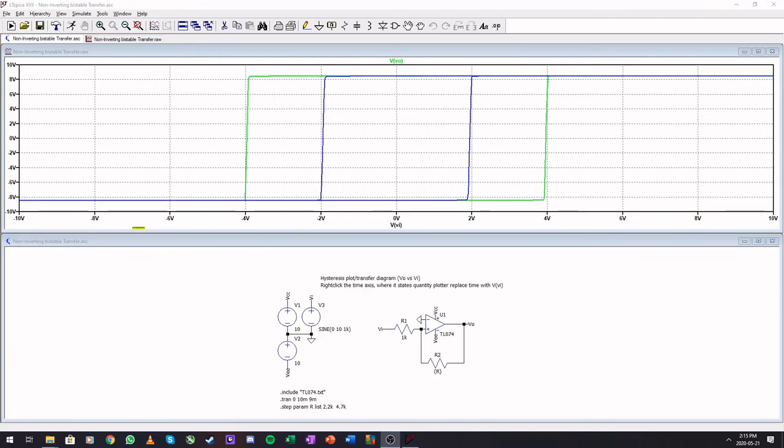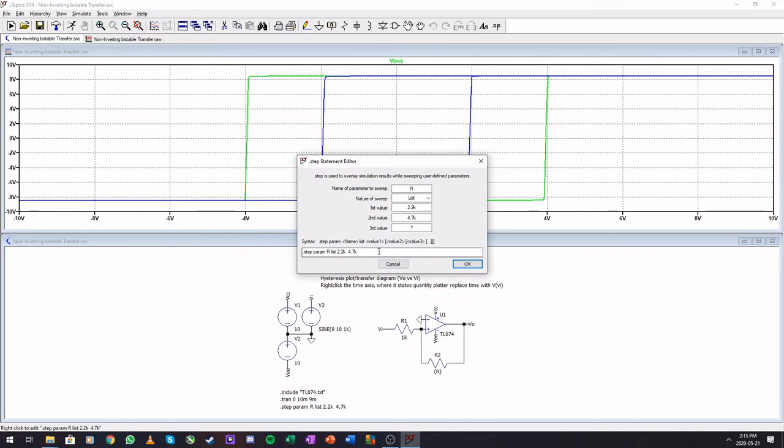So here is our non-inverting bistable. The green one is our 2.2 kilo ohm resistor used here. So 1 over 2.2 multiplied by our 8 volts would be the 4, and 1 over 4.7 would give us this one roughly at the 2 volt mark.